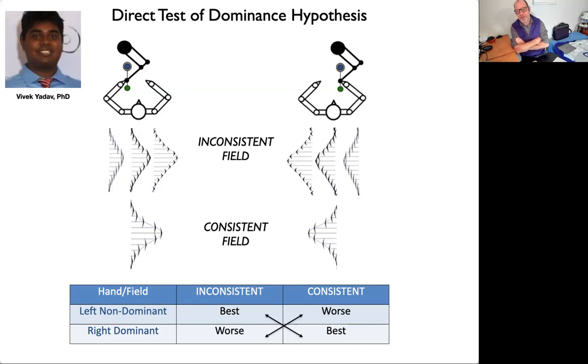And so we used a robot to impose an inconsistent field, which means between trials, your field would be bigger or smaller in a sort of pseudo-randomized way, or a consistent field where you'd always experience the same field. And the thing about these fields is they're typical curl fields like other people.